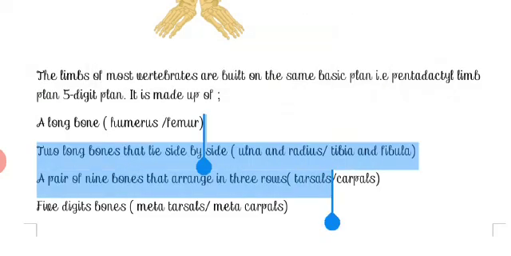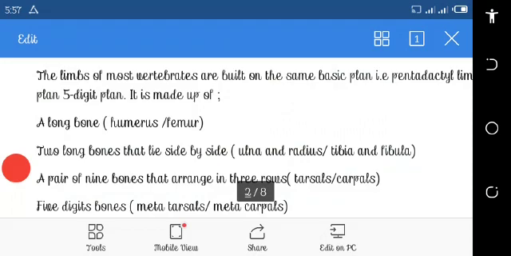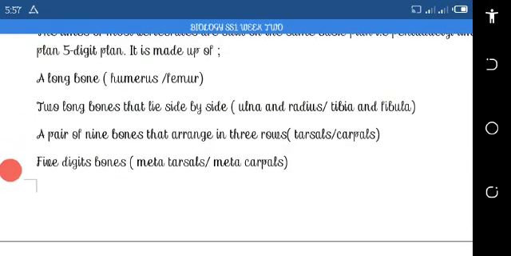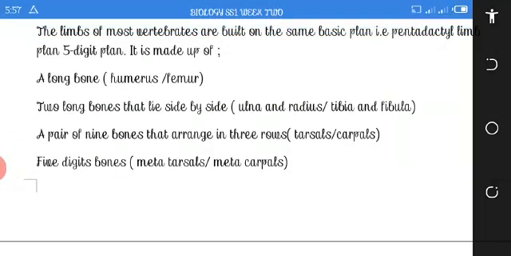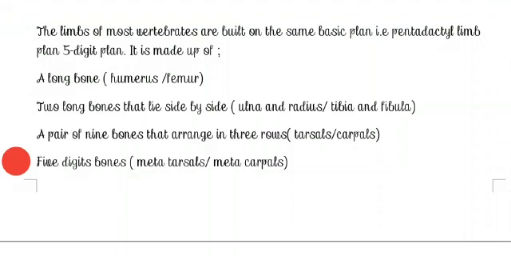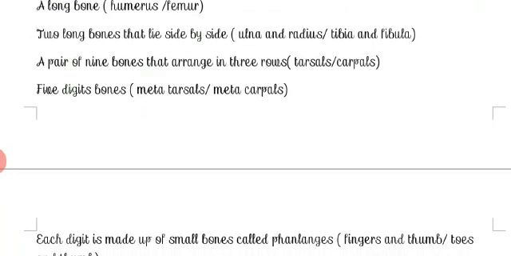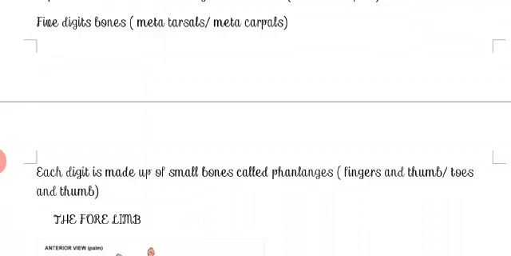Equally, we have a pair of 9 bones that arrange in 3 rows. We have tarsals in the hind limb, and we have carpals in the forelimbs. After that, we have the 5-digit bones. These are the metatarsals in the case of the hind limb, and metacarpals in the case of the forelimb.